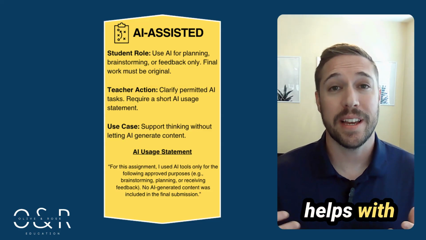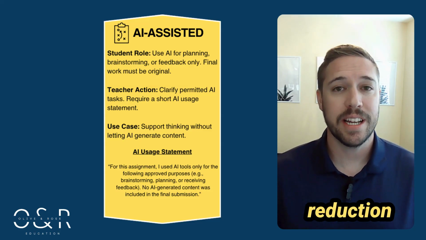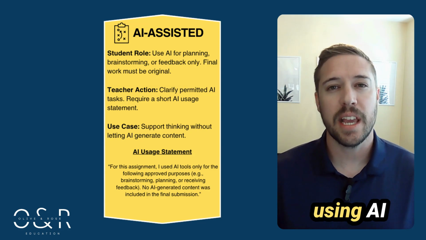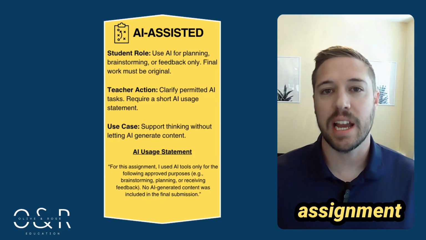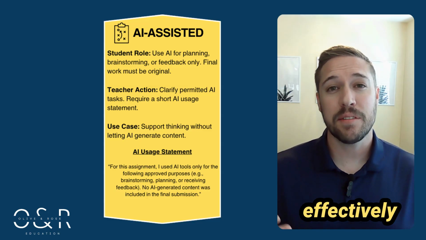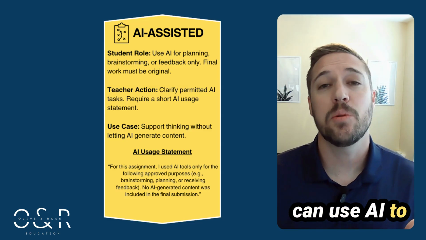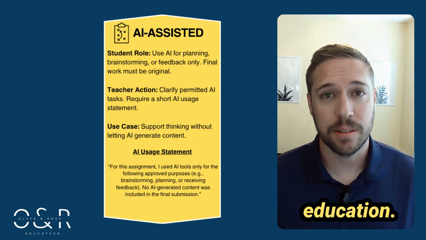This helps with accountability and transparency, which will lead to a reduction in students using AI to just complete the assignment for them. Now, the teacher is effectively guiding their student on how they can use AI to enhance their education.